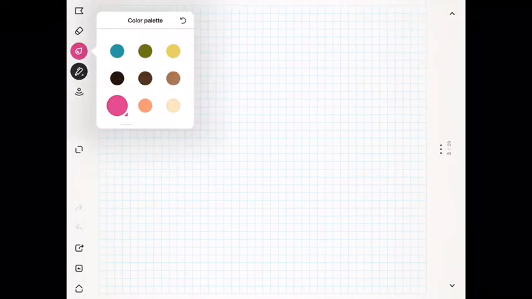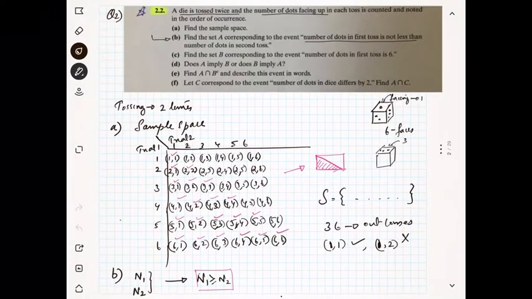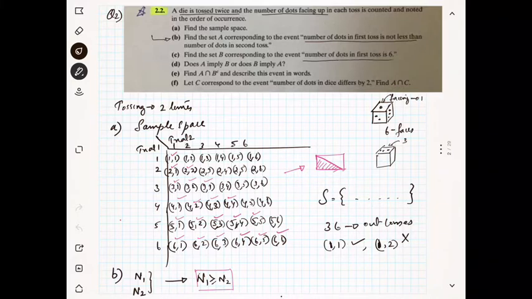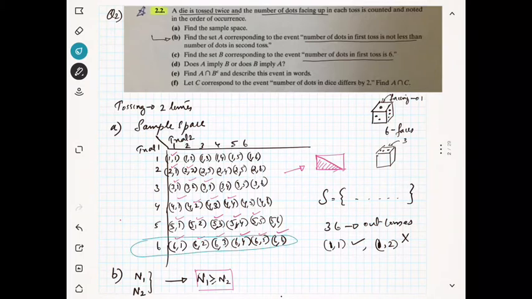Now we have part C. So we will see what is part C. Find the set B corresponding to the event: the number of dots in the first toss is 6. You see here the number of dots in the first toss is 6. So what are those events? That means the first toss is having the number of dots as 6.